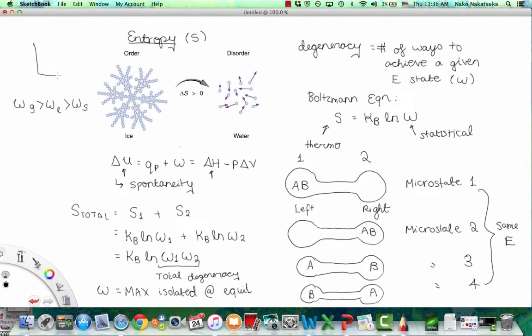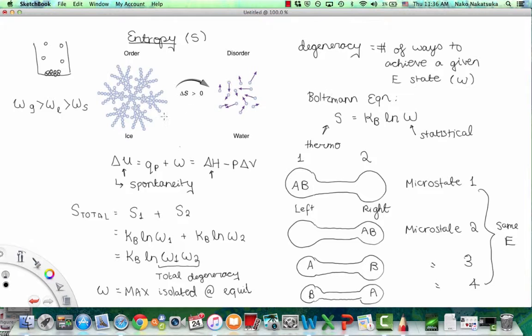So if you think about it in terms of a beaker, if you have solids, you have a limit to how much space they can occupy, right? But when you have a gas and they're much more spread out, they can occupy many more different states. So there are small differences in entropy, but large differences in the statistical state, which is degeneracy.